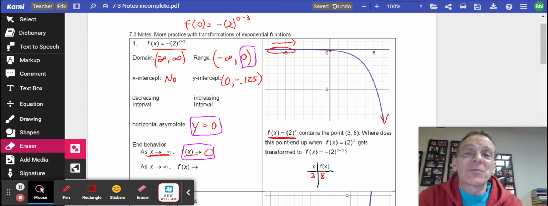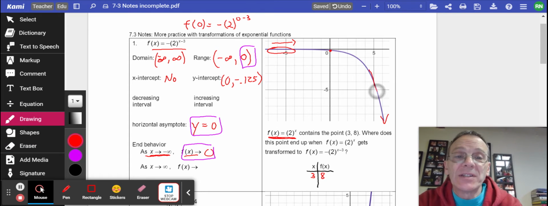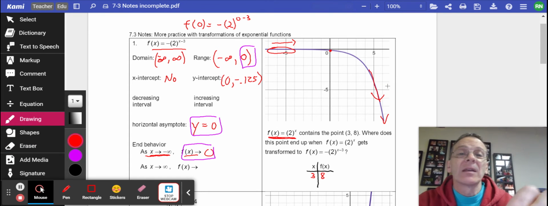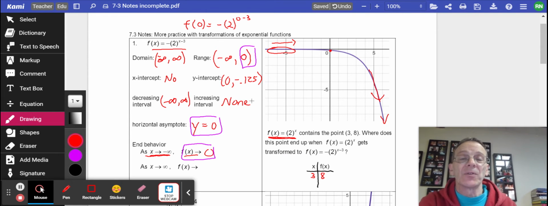Okay, but if you just recall, the function values are always decreasing or always increasing. It's very obvious that the function values are decreasing out here, and so they're decreasing everywhere. So from negative infinity to positive infinity is where they're decreasing, and there is no increasing interval.